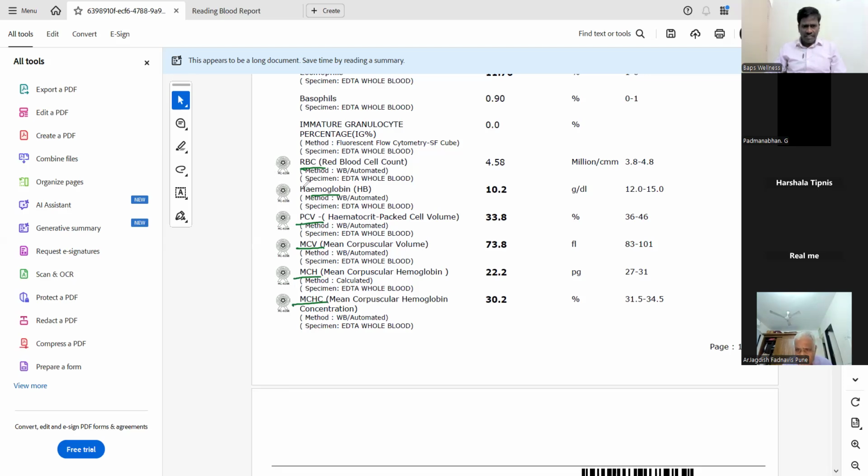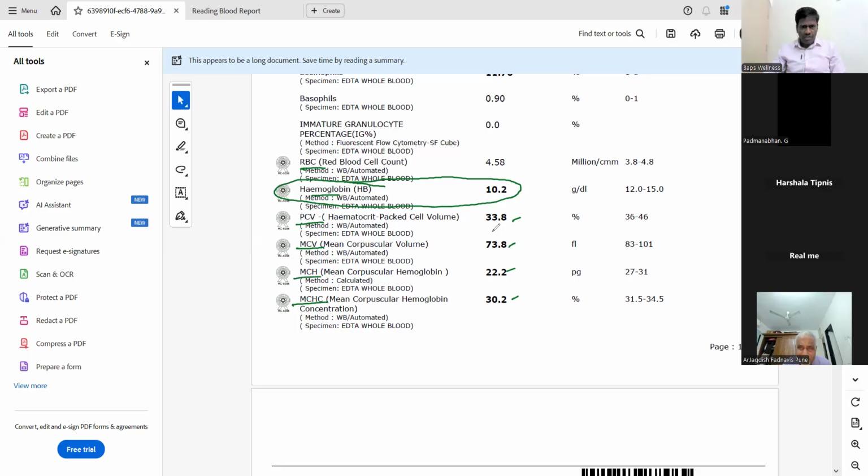Almost 90-95% of us do see and understand only the hemoglobin part. And even if there is any increase, decrease, or whatever in the others, we will not normally even understand it first, and we will not see it.